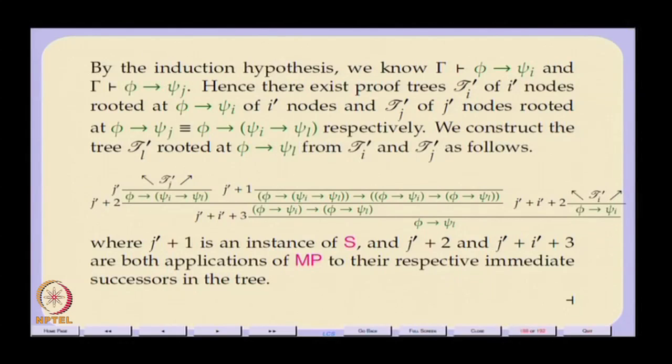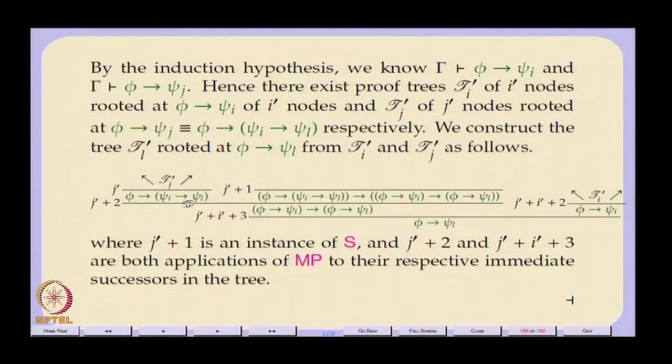right. Now, what I am going to do is form a new proof tree T prime L from the two proof trees T i prime and T j prime. So, this represents T j prime. I am assuming that our step numbers have to be different in each case.